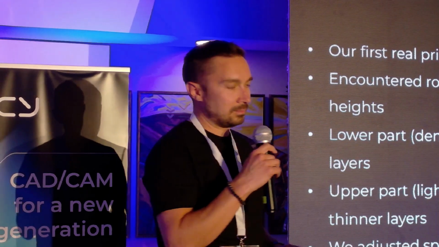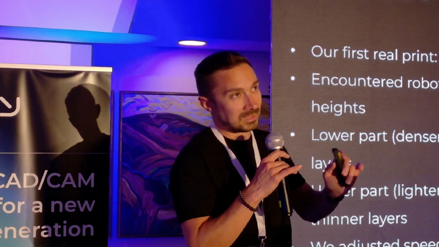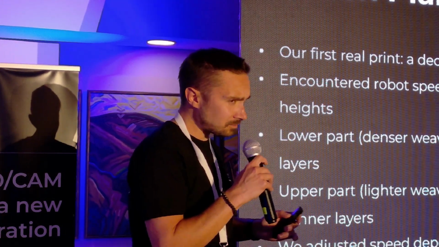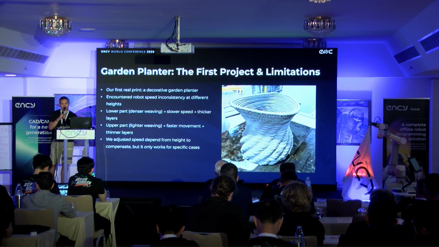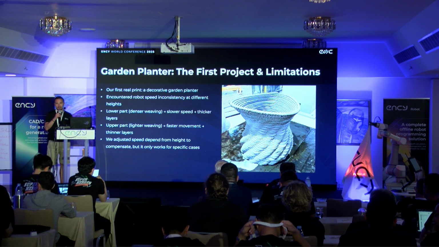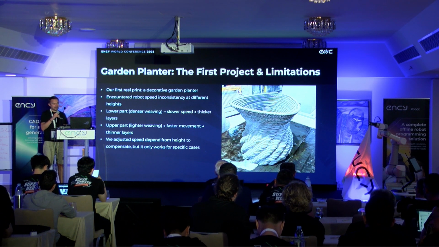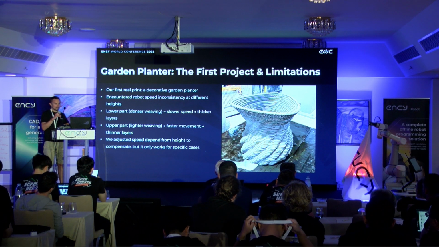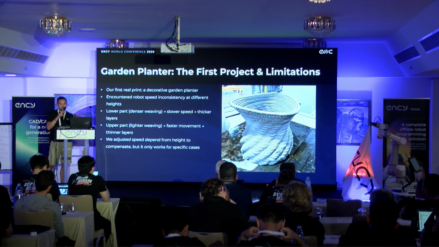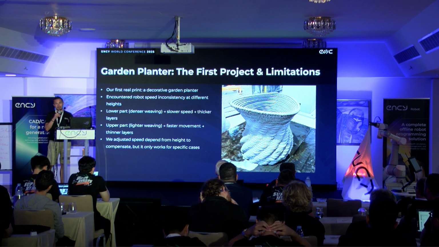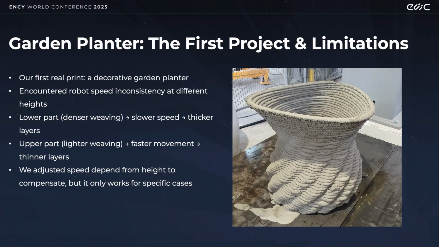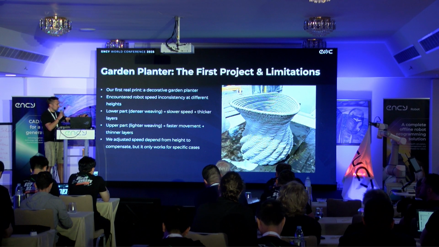I will give a short overview of some interesting projects, because we have a lot of prints of different parts, different furniture, and I will look at some interesting projects where we faced problems and how we fixed them. It was our first part.